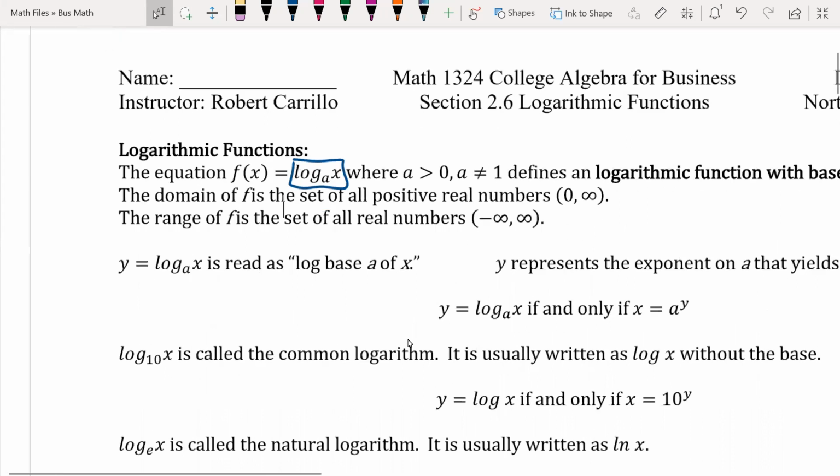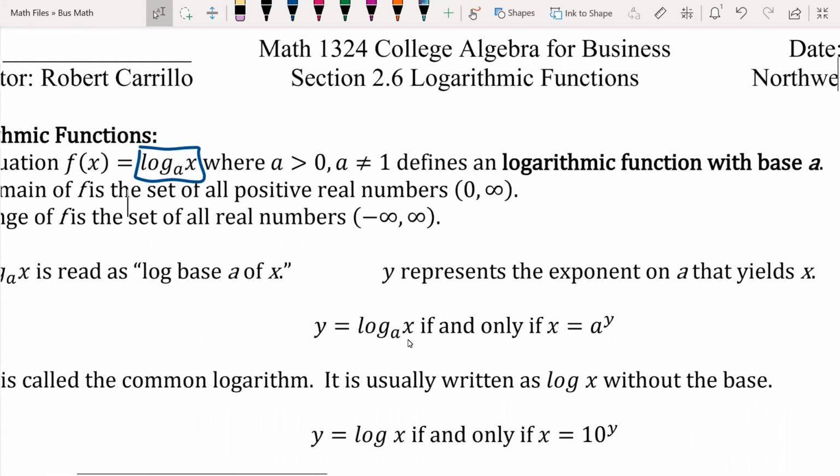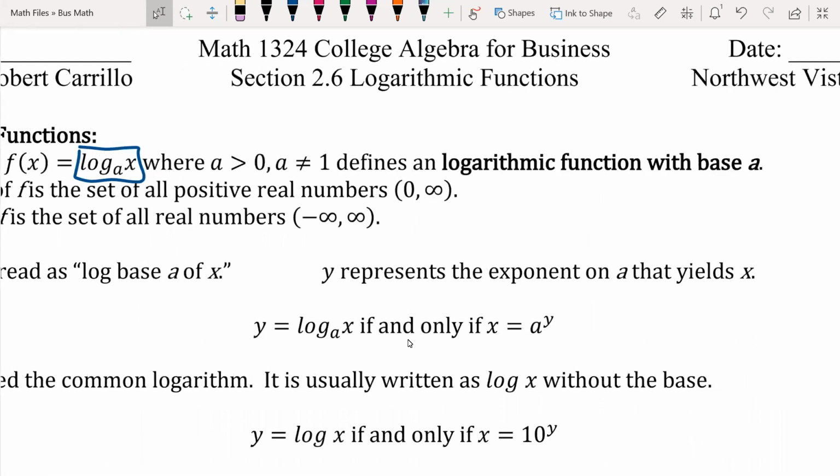And again, the way to read this notation is y equals log base a of x, and y represents the exponent on base a that yields x. So if the log and the exponential function are inverses of each other, we can interchange any log into an exponent, and any exponent into a log. Y equals log base a of x is true if and only if x is equal to a to the y.